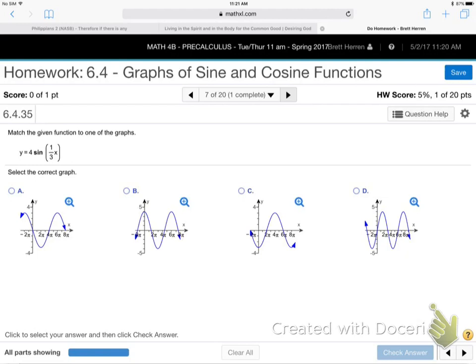Okay, try that one. 4 sine of 1/3 x. So go ahead and start by finding the period. Start by finding that period.